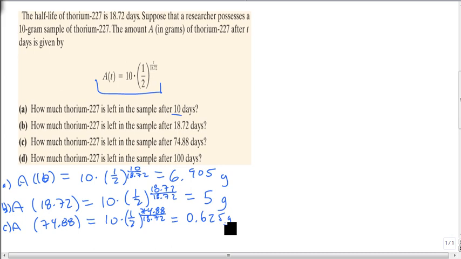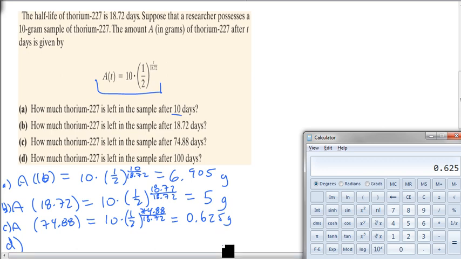And our last one is 100, and we can do the same thing, and I'm just going to jump straight to the calculator. We're going to do 10 times 0.5, because that's the same as a half, raised to the 100 divided by 18.72, close parentheses, equals, and we have less than 1/4 of a gram after 100 days.